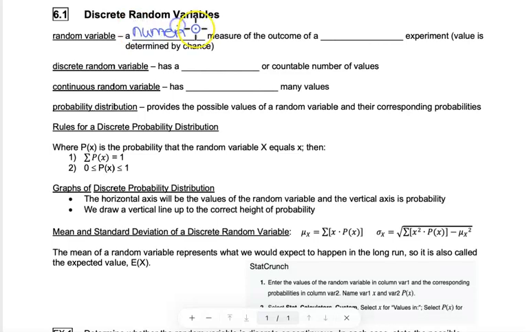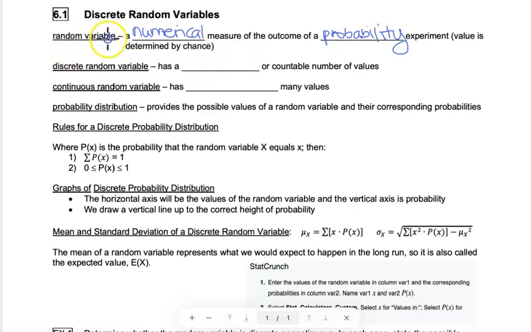So, we need our data to be numbers. Which means that if it's a random variable, the value needs to somehow be determined by chance. So that's what makes it a probability experiment.